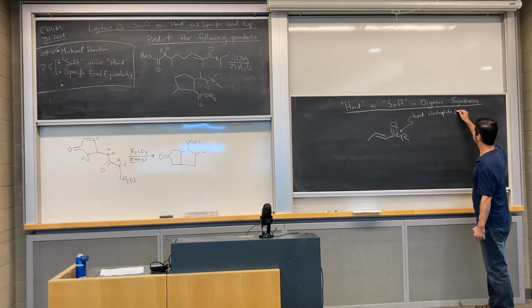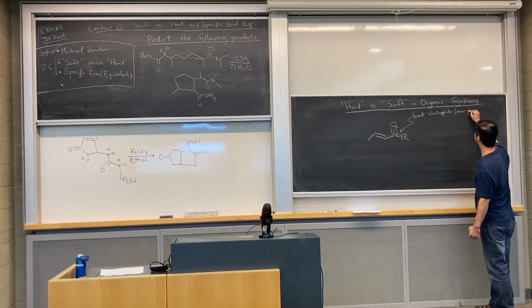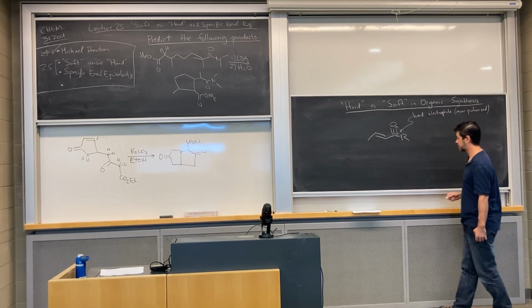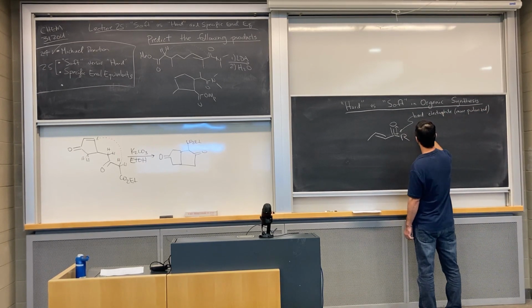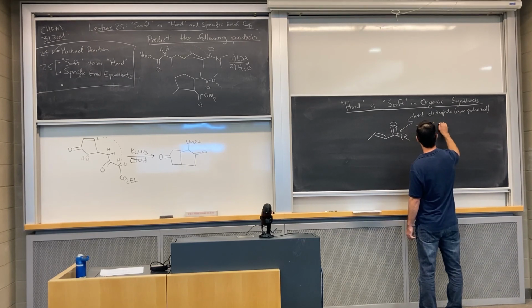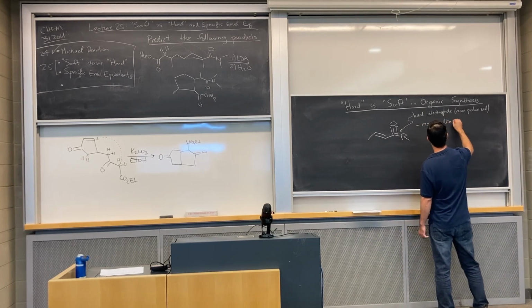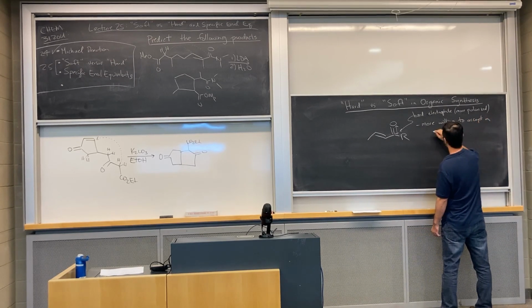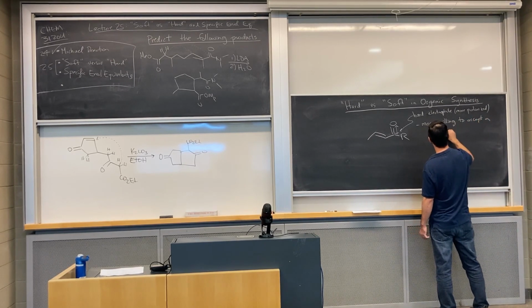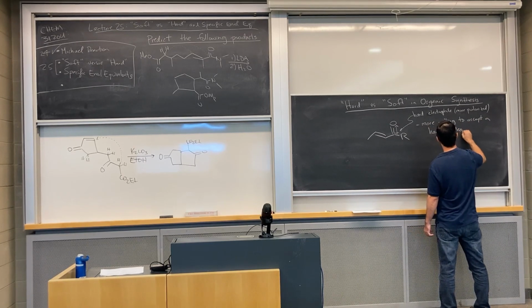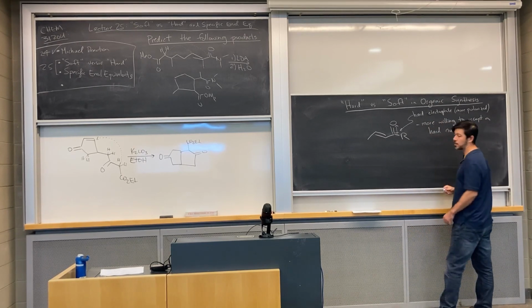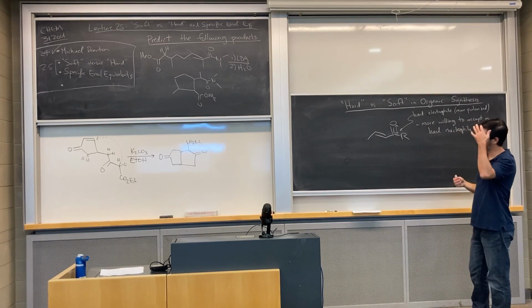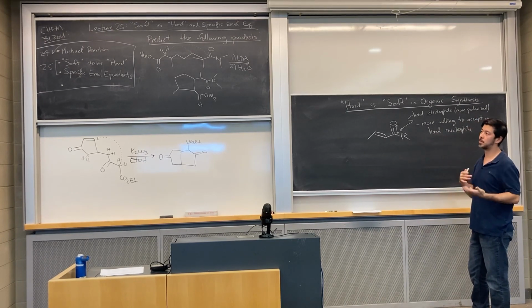Hard electrophile, so more polarized, more willing to accept a hard nucleophile. So what would a hard nucleophile look like that we've been looking at the last lecture or two?